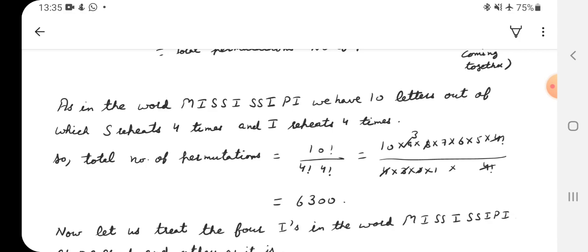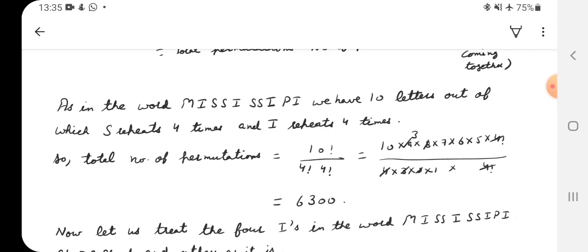And the rest of the letters are M, S, P. S is repeating 4 times, M is a single time and P is also a single time. So how many do we have now? S 4 times, M and P, so 6, and one group of I's. So 7 objects we have now.